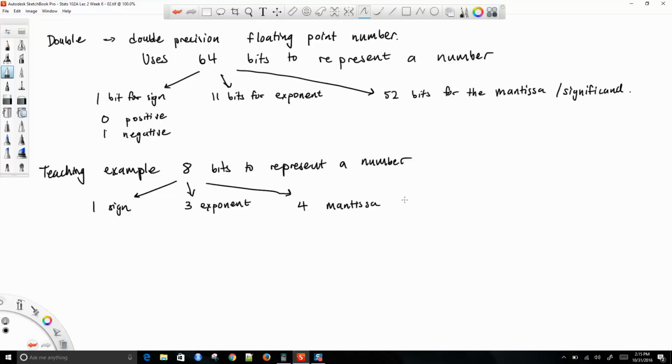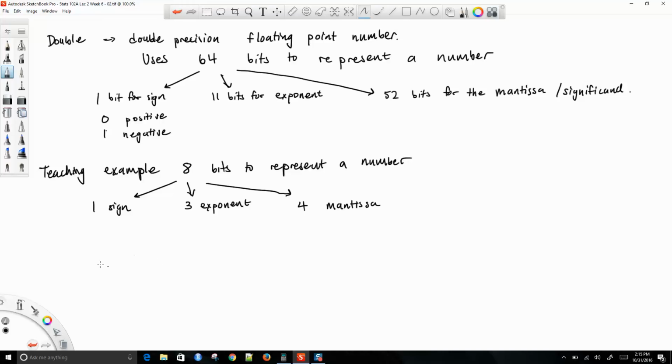You'll see very shortly that nobody would use 8 bits for floating point representation. It's just too few bits for it to be useful, but we could use it in this example, and we'll do good with it.